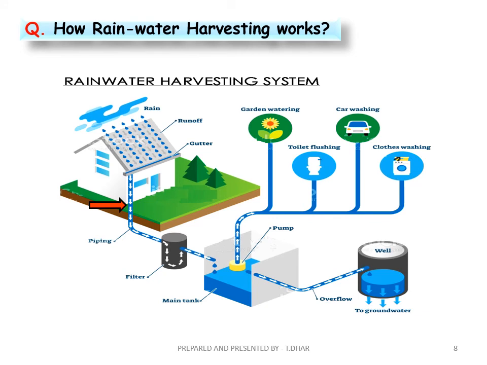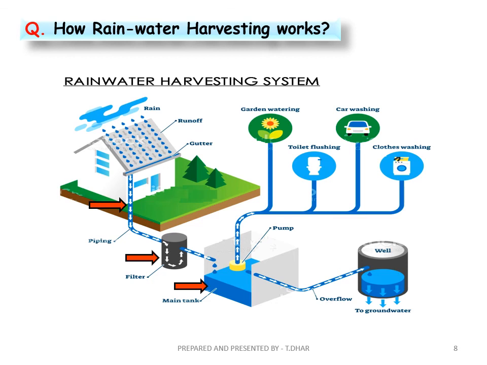From the roof of the house, a blue colored pipe is attached. So when the rainwater falls on the roof of the house, instead of getting wasted, it flows through that pipe and reaches the filter. Now in this filter, the rainwater gets purified or filtered, and then it reaches the main tank.